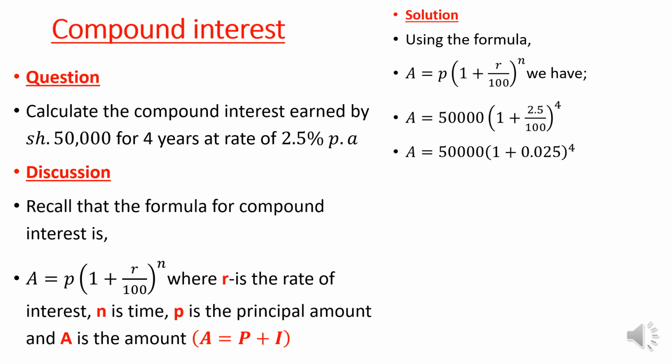Therefore, trying to simplify this one, we know that 2.5 over 100 is 0.025, and then plus 1. That can be simplified further to have A equals 50,000 times 1 plus 0.025, which will give you 1.025 raised to 4.